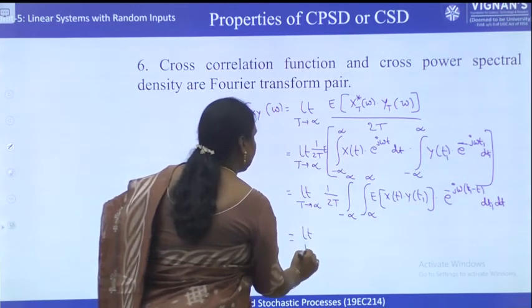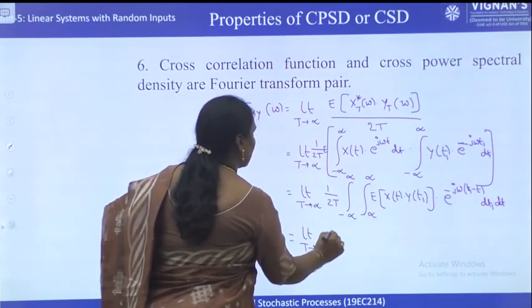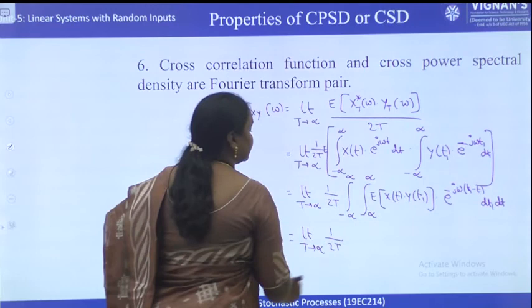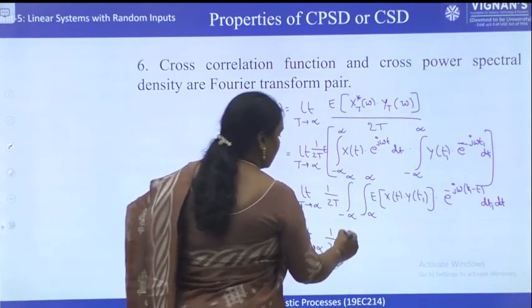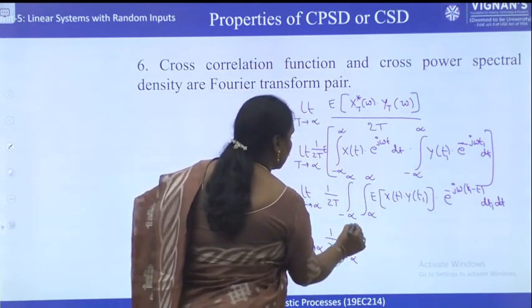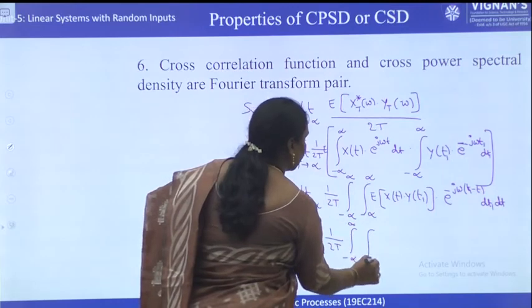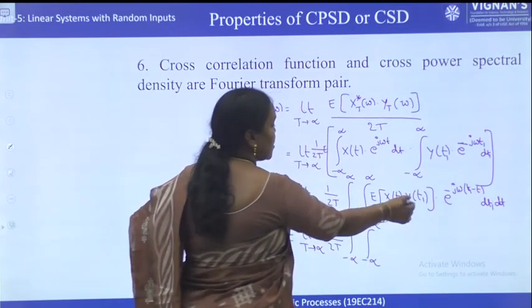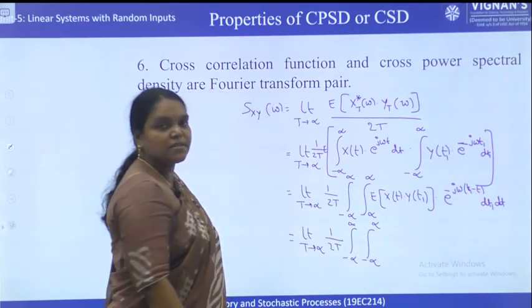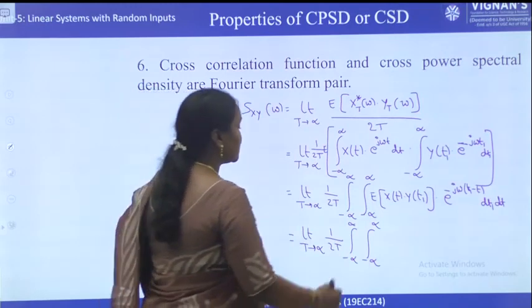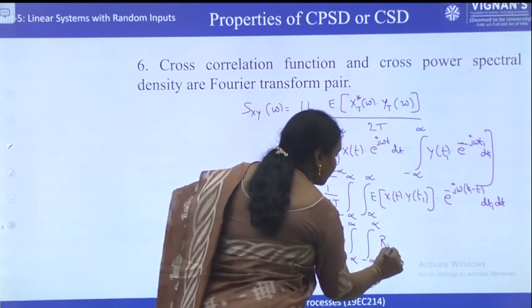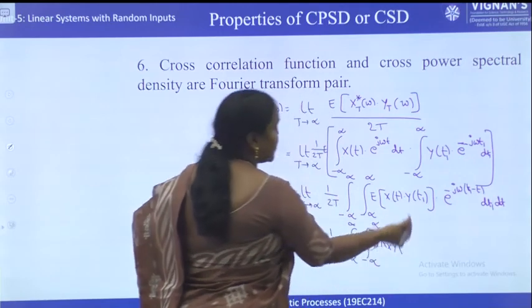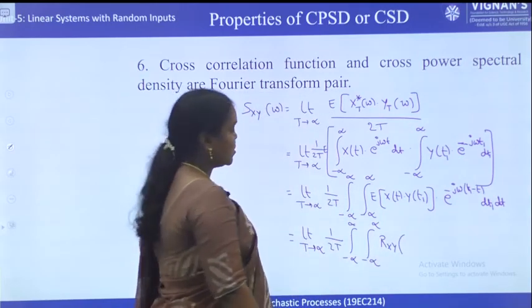Expectation of x of t into y of t1 means it is R xy of t minus t1 or t1 minus t.